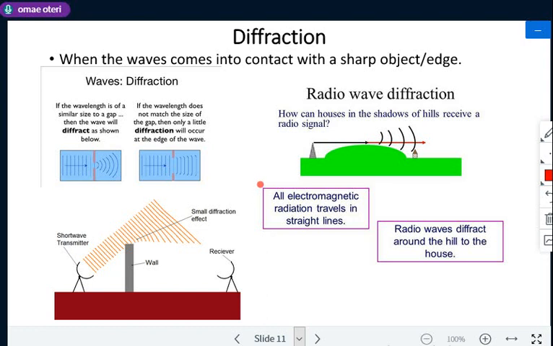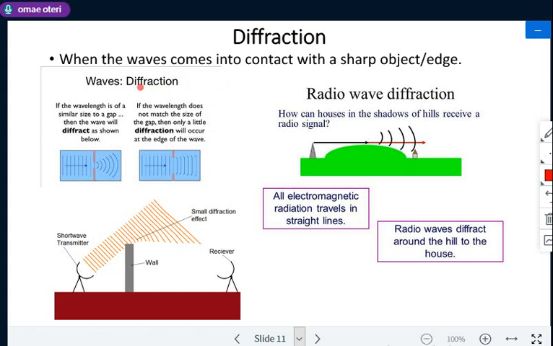So the other concept we have is diffraction. What do we mean by diffraction? Usually when a signal, microwave or radio wave, comes into contact with a sharp object, it will undergo what we call diffraction.